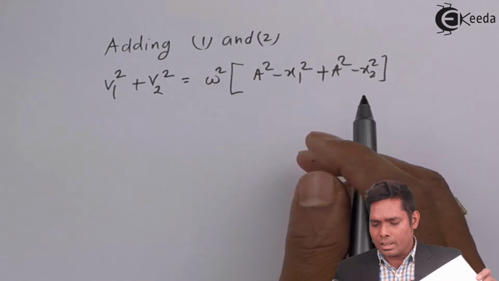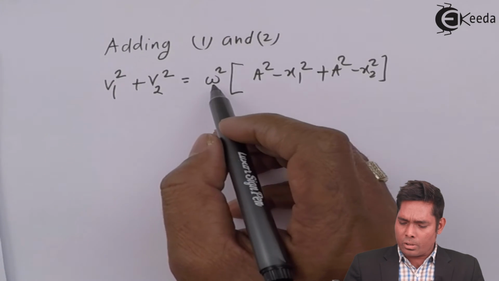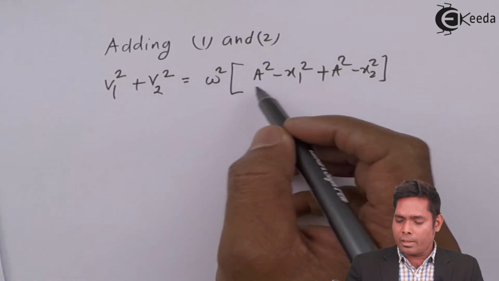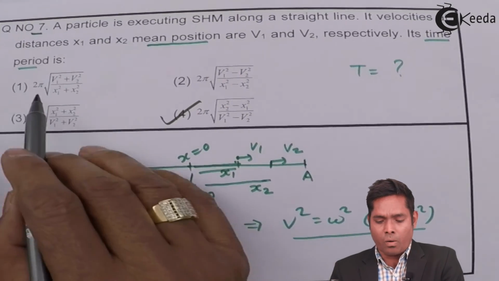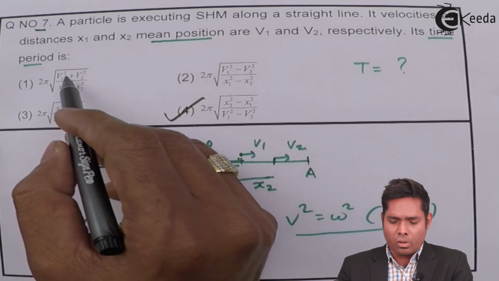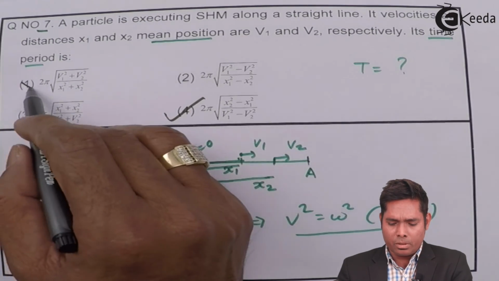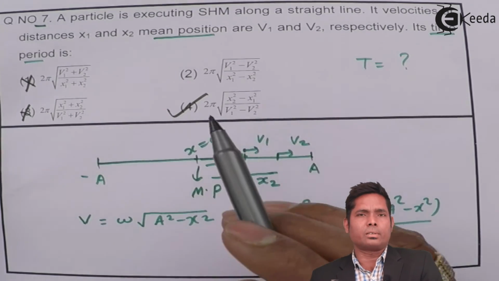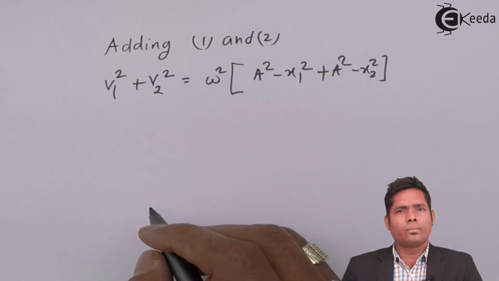Because that does not cancel out, in the final expression of omega square or omega, a would be there, and in this option a is not there. Therefore summing the equations is not possible, so you go for the subtraction and this is the answer. Okay, thank you.